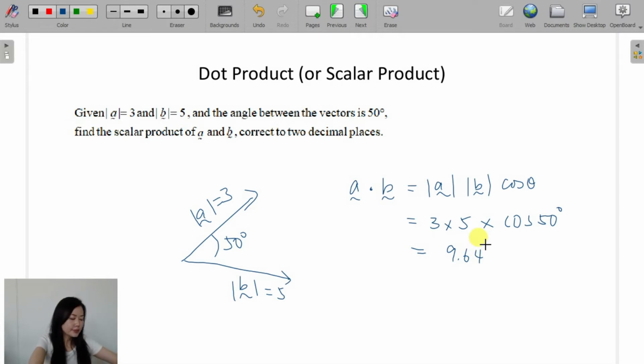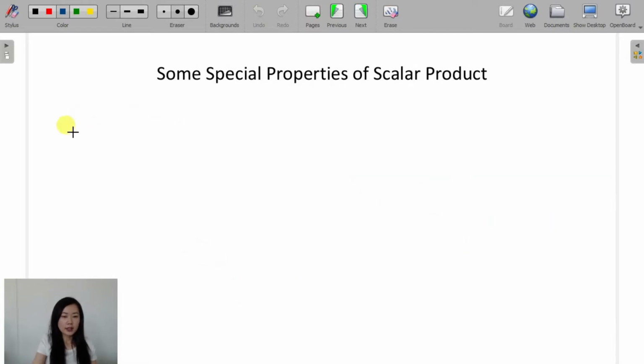Okay, so as I mentioned, it does produce a lot of interesting properties. So let's explore them a little bit. So first of all, when you have parallel vectors, now there are two ways that vectors can be parallel to each other. They can be parallel to each other in the same direction.